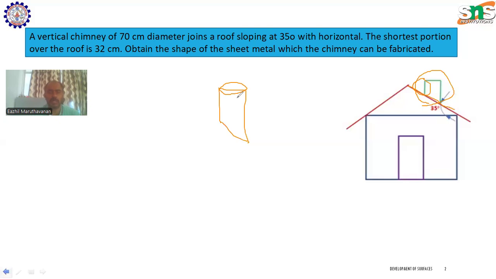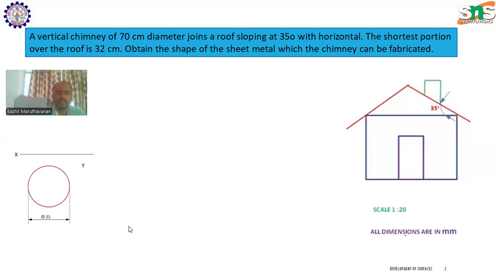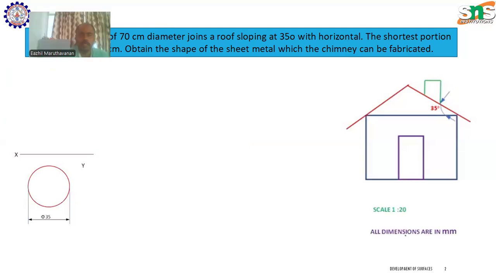The lower portion of the cylinder can be cut out; in the development of the sheet metal, the lower portion can be removed. Let's see how we have done it. We are using the reducing scale to draw this.